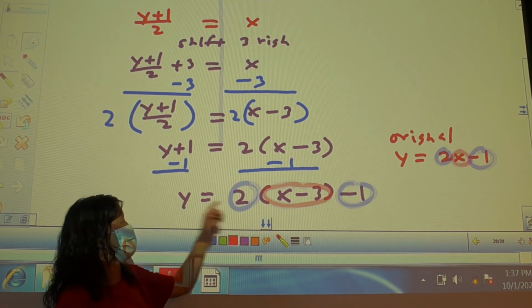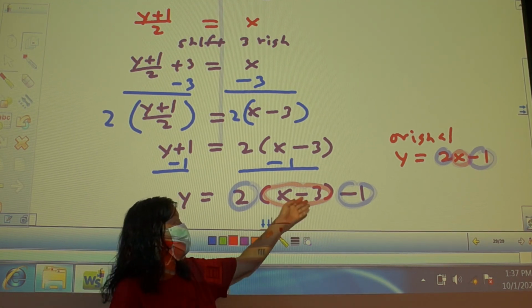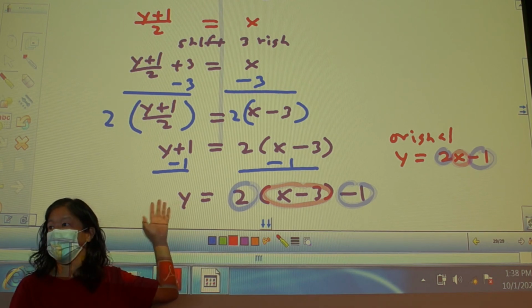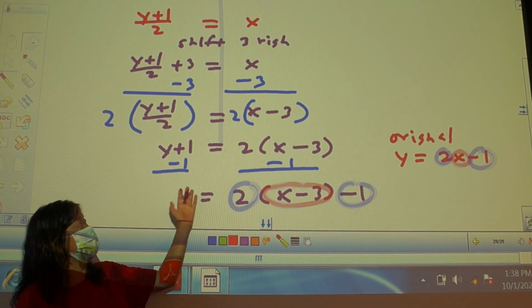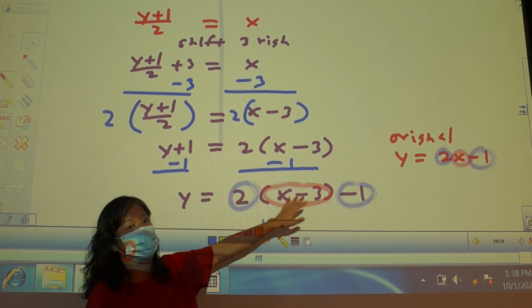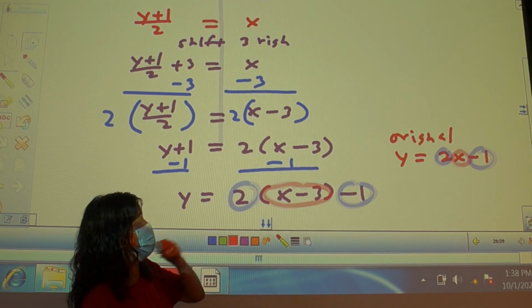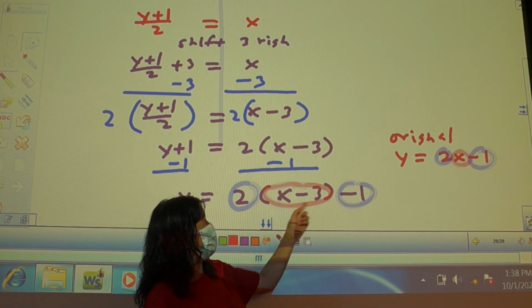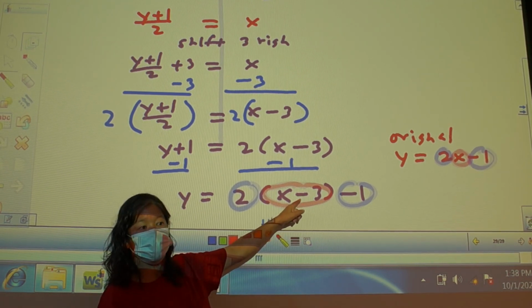But because I'm doing it to the same side that x is on, it's the opposite. Subtracting it from this side is the same as adding it on this side. Do you guys kind of see what I'm saying? I added 3 to this side, but when I moved it back over to the same side as x, I had to subtract it. Adding on this side is the same as subtracting on this side. So that's why in the equation part, the symbolic part, you do the opposite.